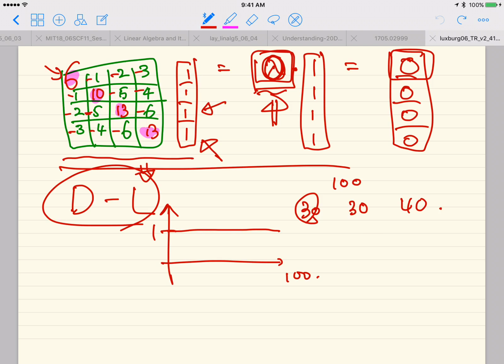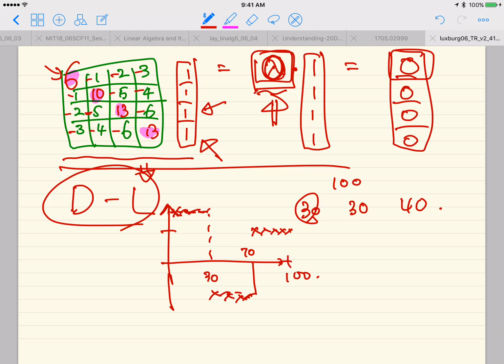Or it can be like the same values up to 30 points, and different values up to 70 points, and up to 100 points you may see a different pattern.